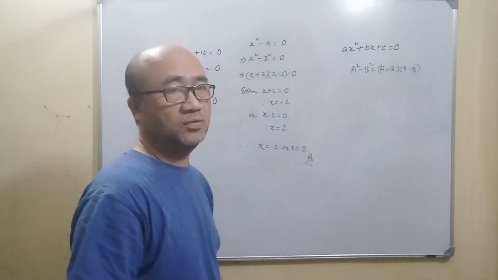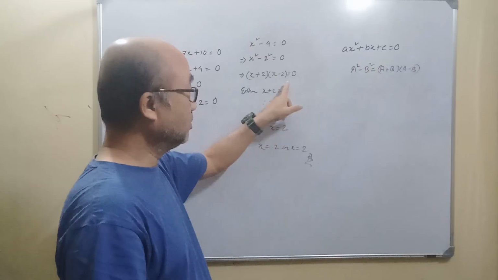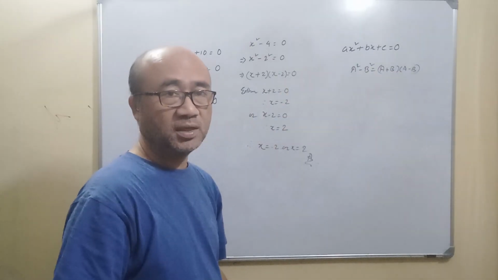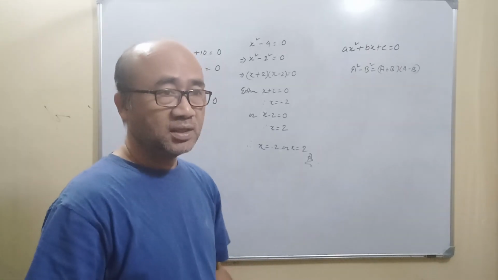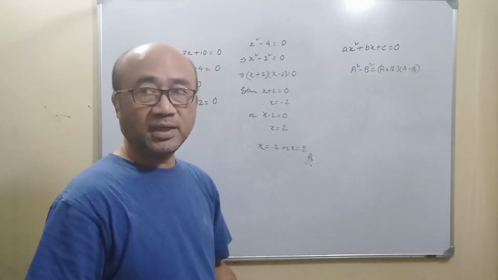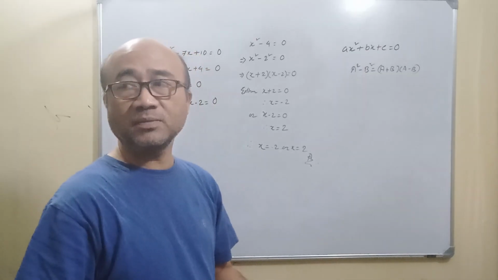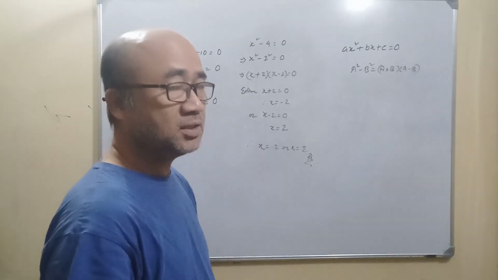It is always true, because it is a property of 0. It is called the zero product property. If two factors multiplied together give 0, then either of the factors is 0, or both of them are 0. That is the zero product property.